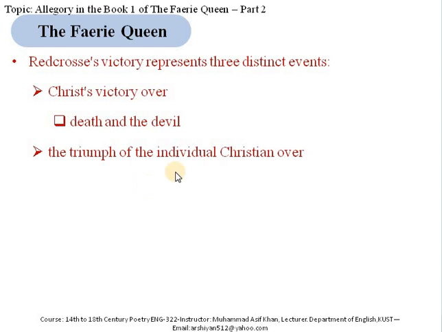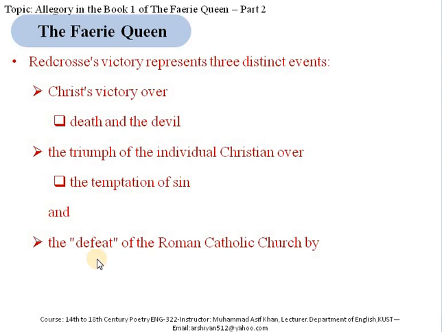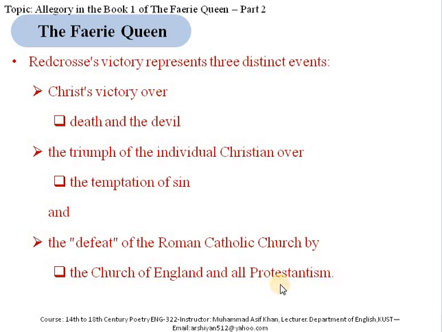The second is the triumph of the individual Christian over the temptations of sin. And the last one, which is the political meaning of this allegory, and I haven't explained this concept very much in this lecture, but it is one of the messages which Spenser has conveyed in this epic, is that Red Cross's victory represents the defeat of the Roman Catholic Church by the Church of England and Protestantism.